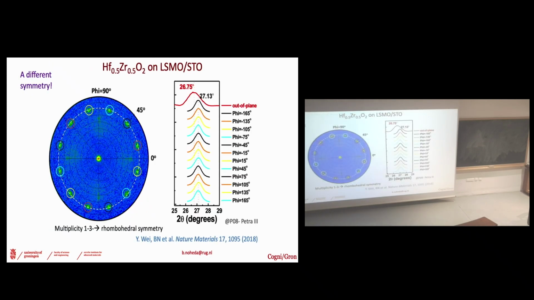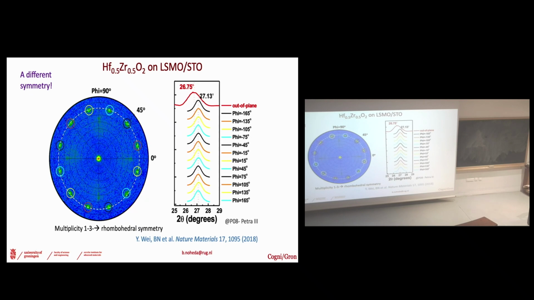Sorry, I signaled the different domains by the same color. So you have 3 peaks of one domain, and then 3 other peaks of another domain, and so on. What is interesting to see is that if you look at the 2 theta position of all these peaks, you actually have a 1 to 3 multiplicity. So the out-of-plane 111 peak has a longer lattice spacing than the in-plane ones.